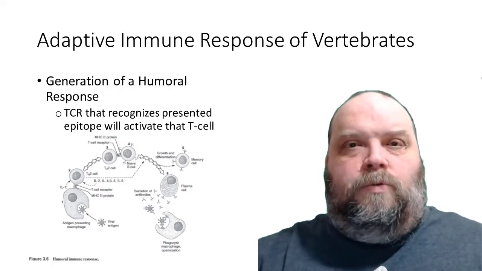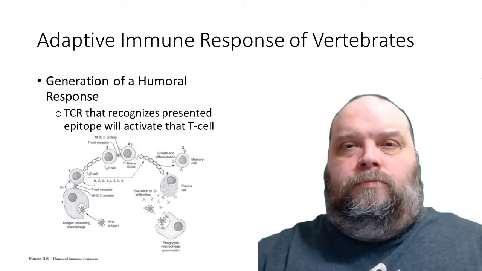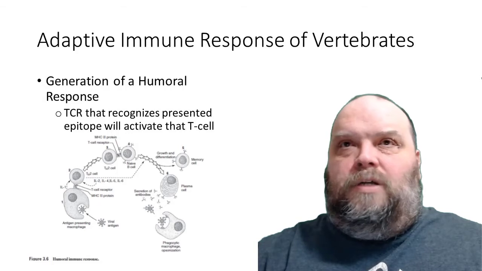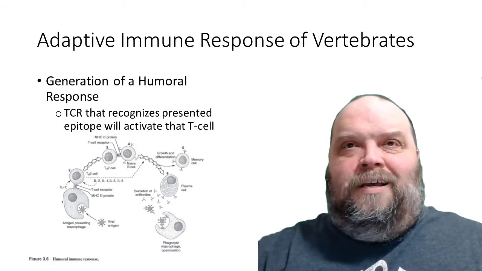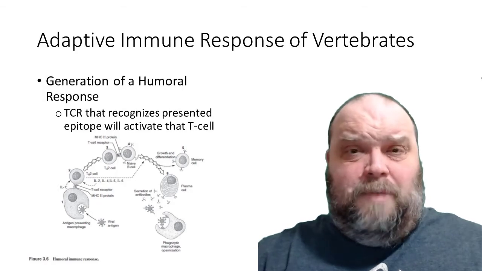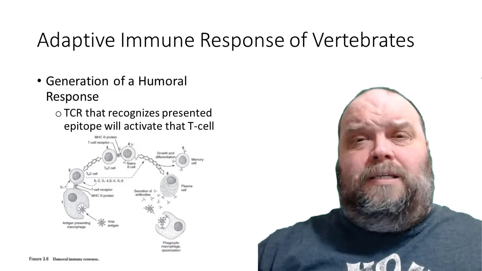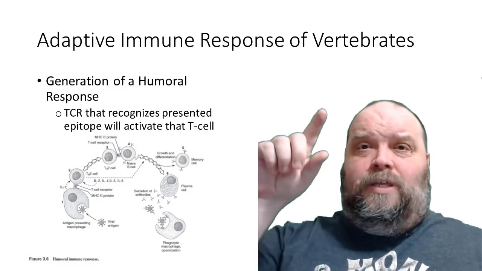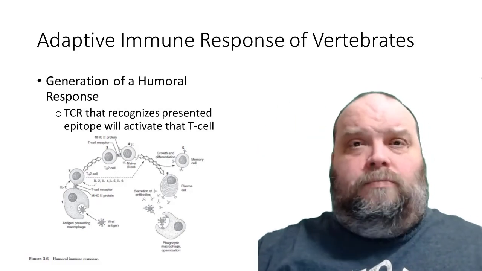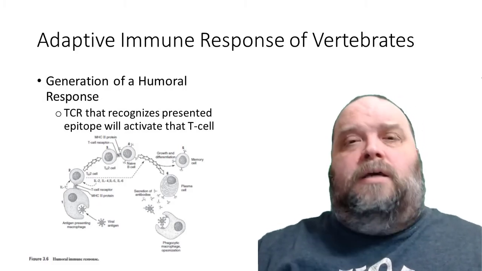Their variable regions are different. I mean, think about it. There's 20 different amino acids. These regions are going to be composed of dozens and dozens of amino acids, and you go through all the different permutations of 20 to the dozens and dozens power. That's how many different types of T cell receptors there could be.